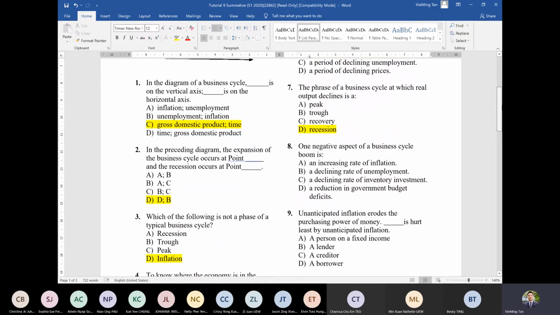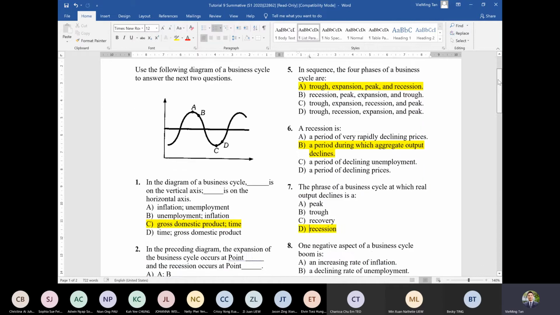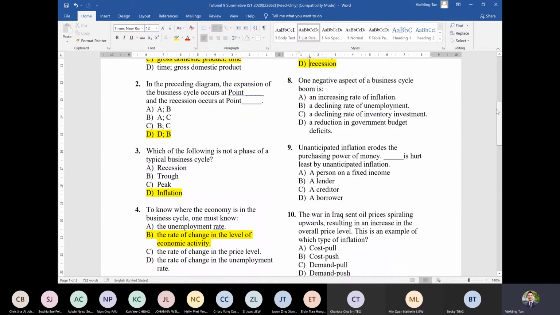When the GDP is higher, the unemployment rate is low. Unemployment and GDP are always opposite. We call it a reverse relationship.